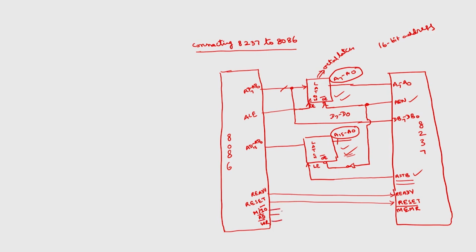Using these three signals, using some logic circuit, which we have discussed in the earlier classes, we can generate 4 signals: memory read bar, memory write bar, IO read bar, IO write bar.